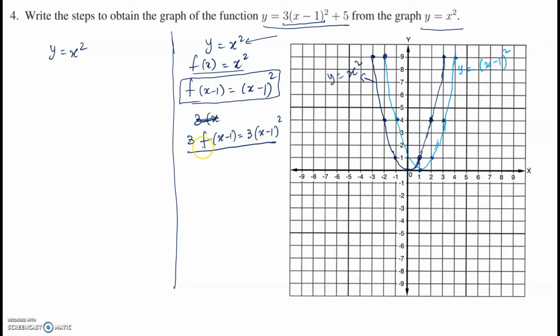So when you multiply a function by 3, what happens is it begins to shrink. It will begin to compress. Not taking exact values, but I'm just saying that it would look like this is our new function, but here it will look compressed like this.